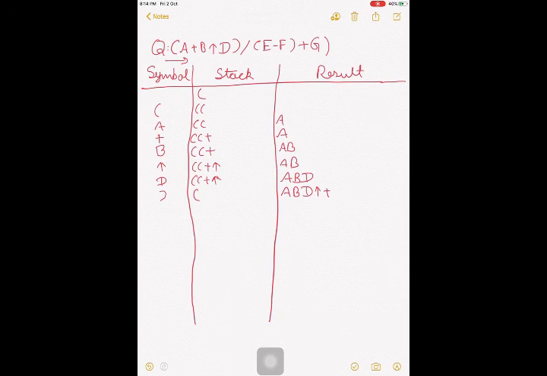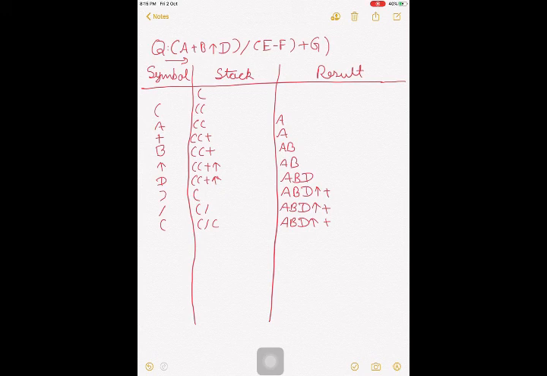Then we have the division operator, and the result will remain the same. Then we get another opening bracket. The result is the same.